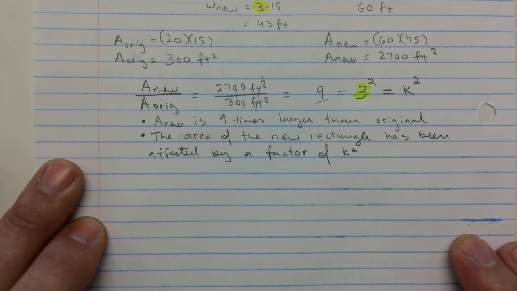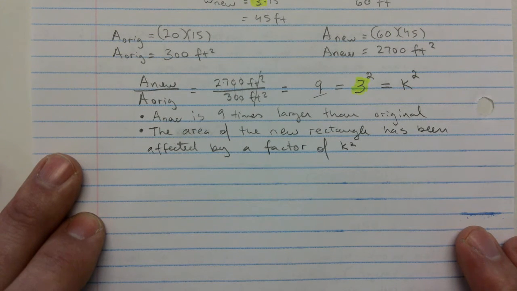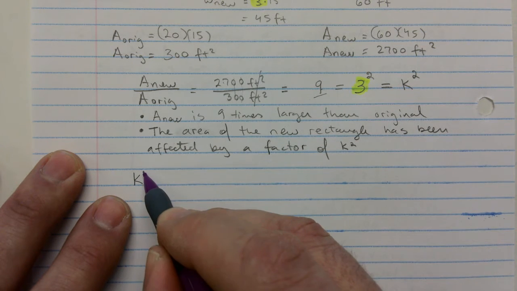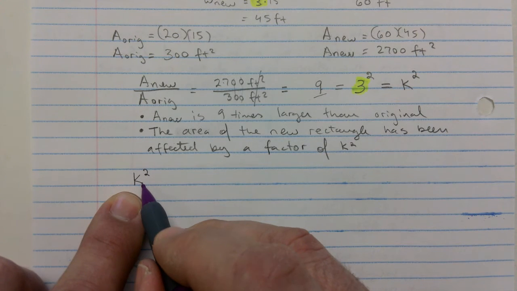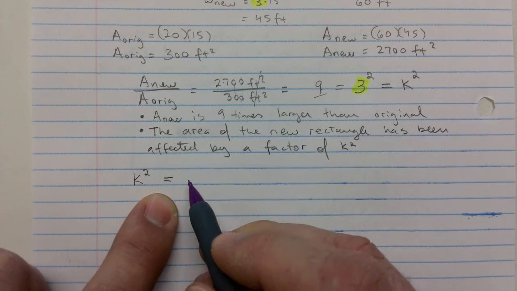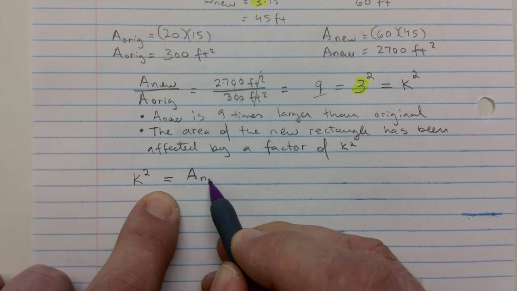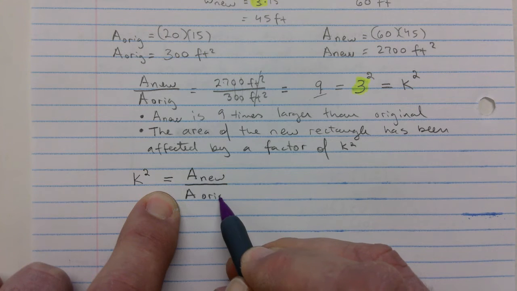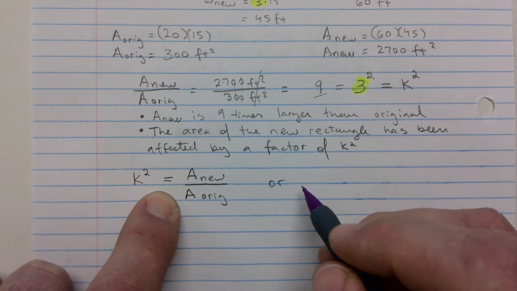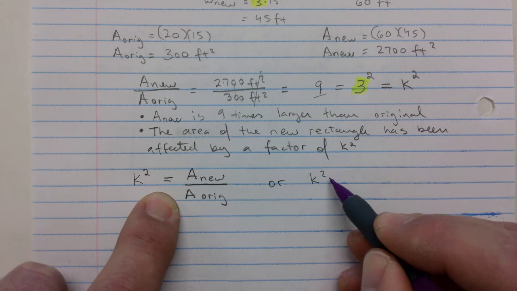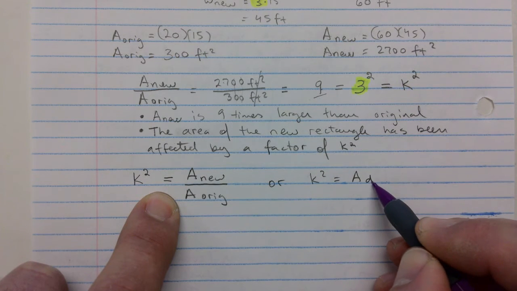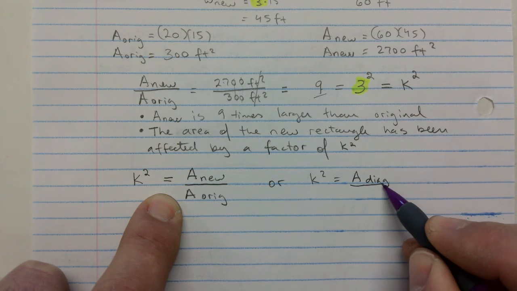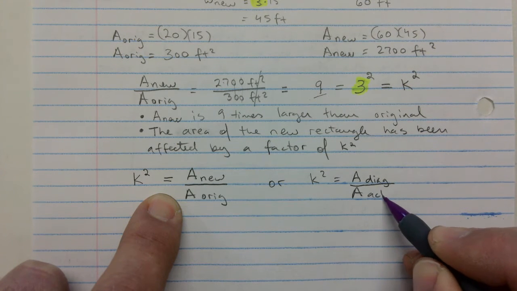So here's going to be our conclusion after all of this. We know that k squared, right? We got a 9 when we did the following, when we went area of new divided by area of the original. Or, stated in other terms, we can also use area of diagram over area of actual.